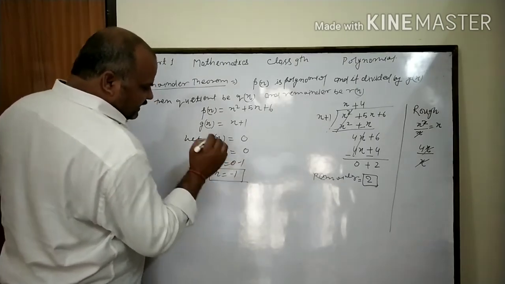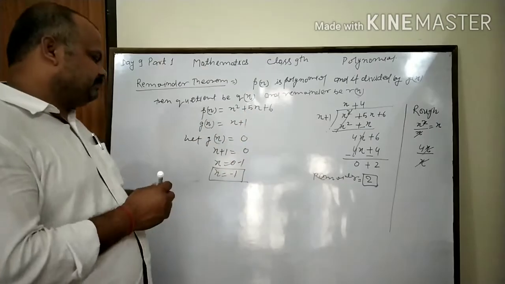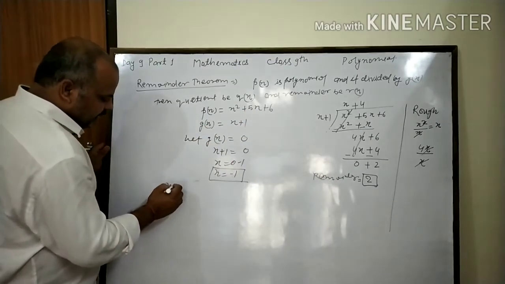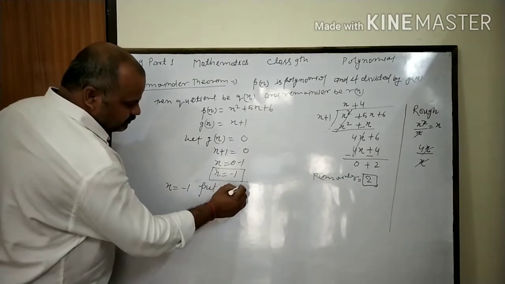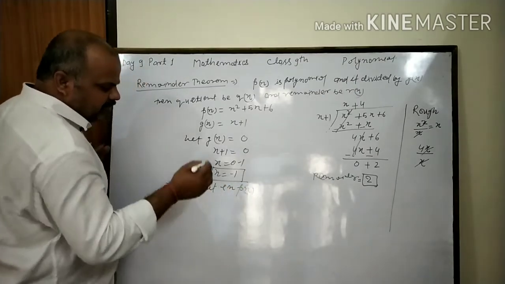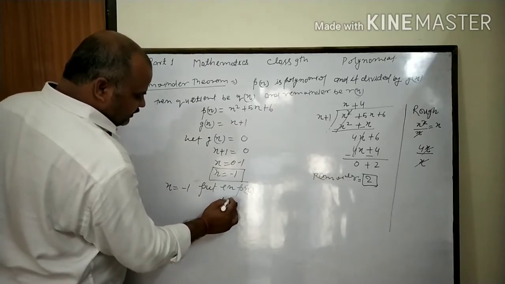Now x is equal to minus 1, put in p(x). By this way we get p(minus 1).